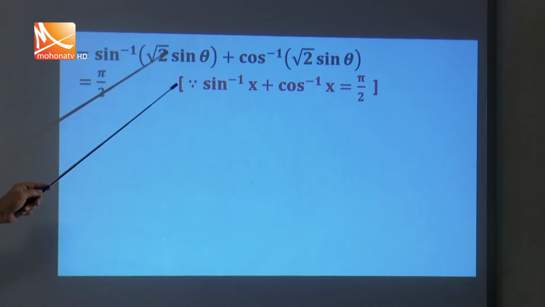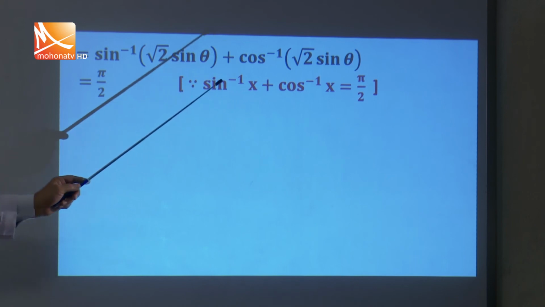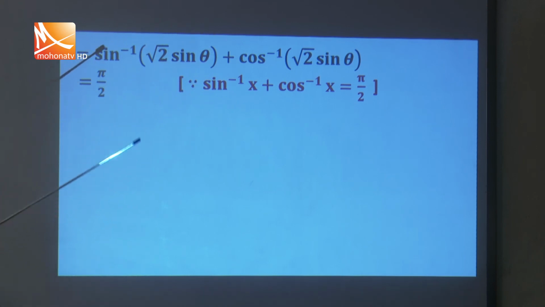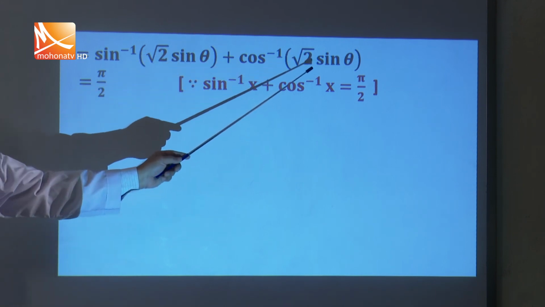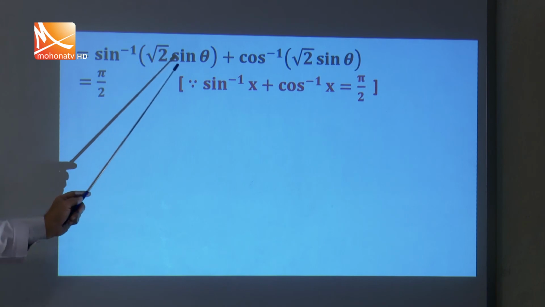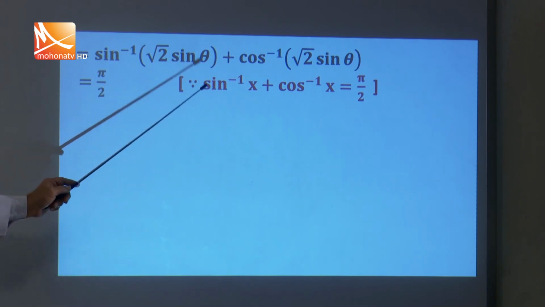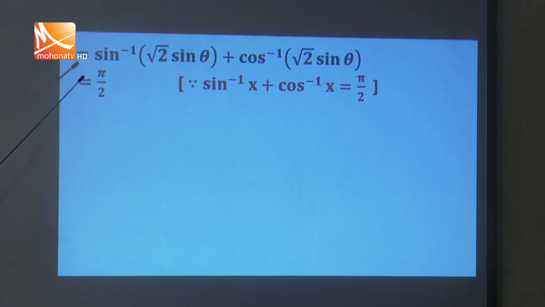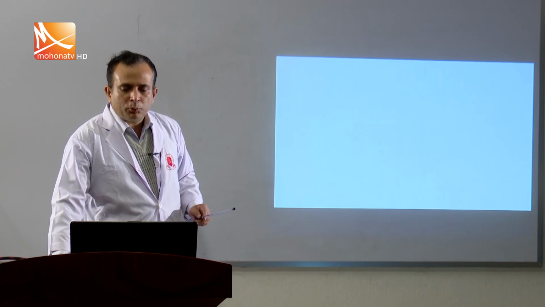We have already learned a formula like this, sine inverse x plus cos inverse x equals pi by 2. If we think that root 2 sine theta is x, then sine inverse x plus cos inverse x equals pi by 2. Applying this formula, we can rewrite this as pi by 2. This is the right hand side. So left hand side equals right hand side, proved.